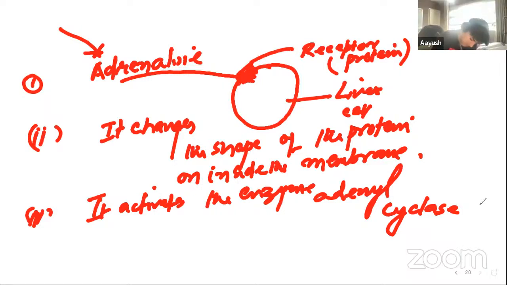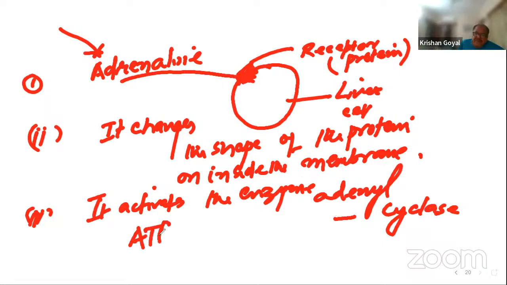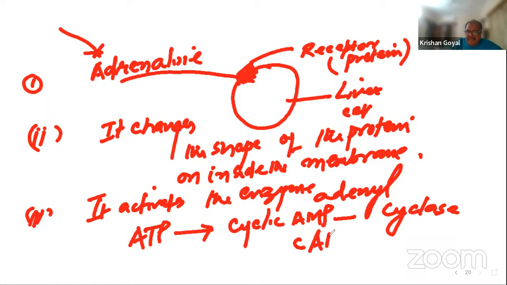What will it do? Adenyl cyclase will change ATP into cyclic AMP, adenosine monophosphate, or we write it like cAMP, which is the second chemical messenger we call.